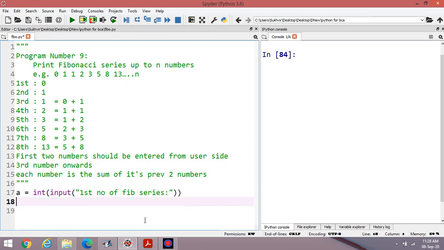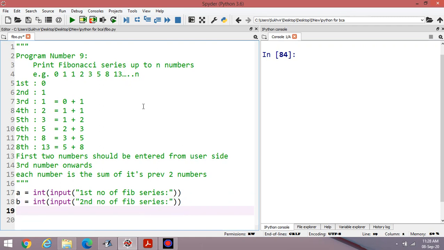This one is the first number. Then for the second, you can write int input, second number of Fibonacci series. This one is the second one.